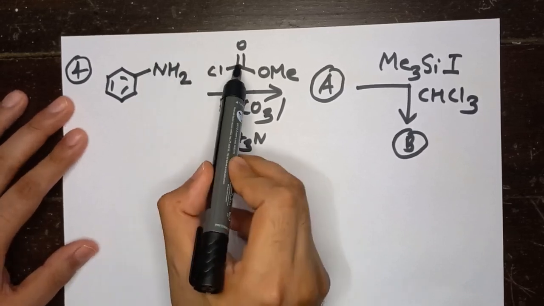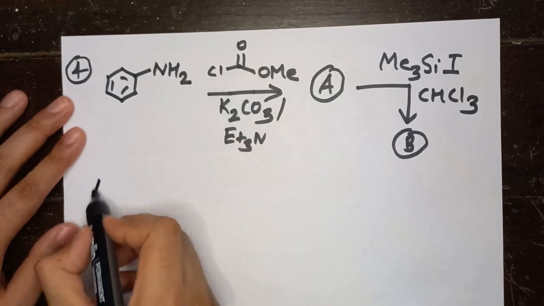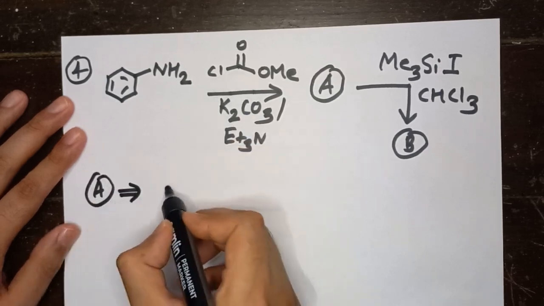This nitrogen lone pair will attack at this carbonyl, and Cl is going to leave.